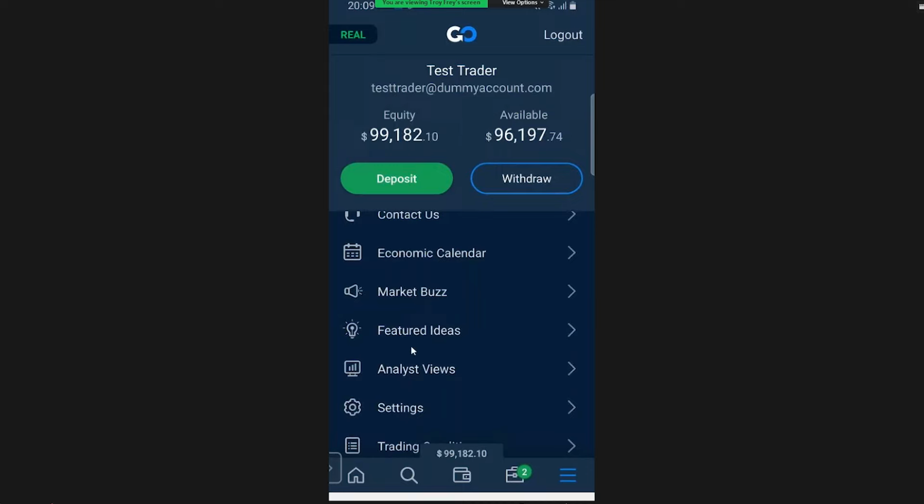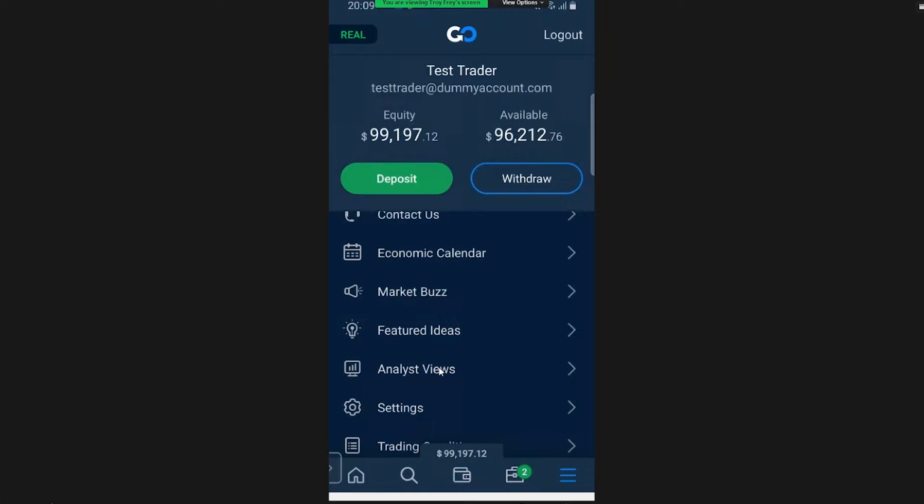Those are advanced features that we provide on all live accounts and through the app on demo accounts as well, that you can take a look at from Trading Central, these advanced features that can help you with your fundamental analysis if we're talking about market buzz, or your technical analysis if we're talking about featured ideas and analyst views.